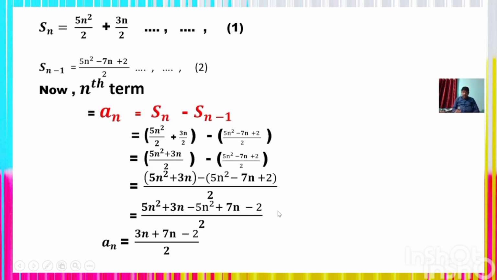And here we can cancel plus 5n square minus 5n square. After cancellation, we will get 3n plus 7n minus 2, which is 10n minus 2 whole divided by 2. Thus, the nth term an is equal to 10n minus 2 divided by 2.